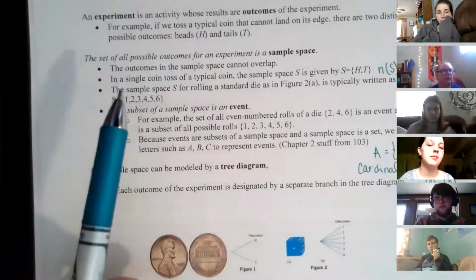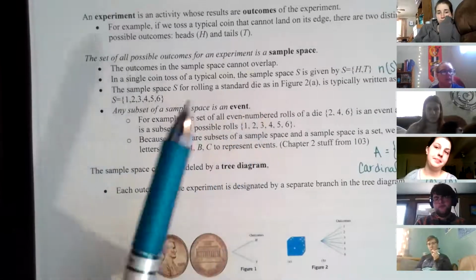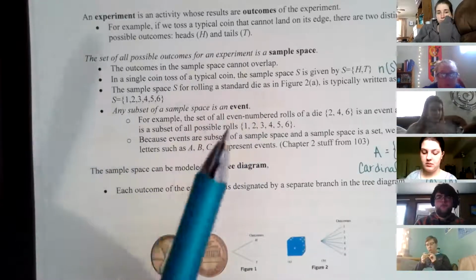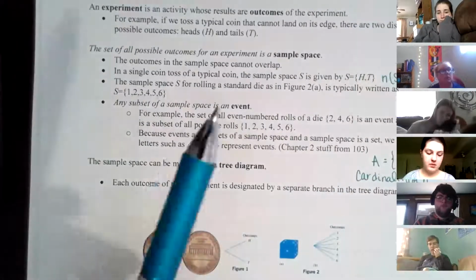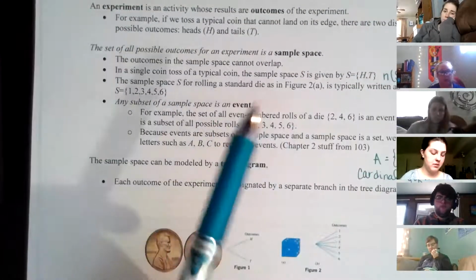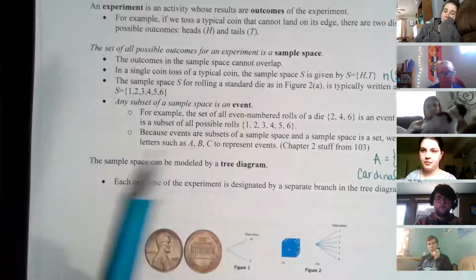All right, if we look at the sample space of rolling a standard die, so that's this guy, the thing with all the dots on it, and the singular version is called a die. When we have more than one, we have dice.